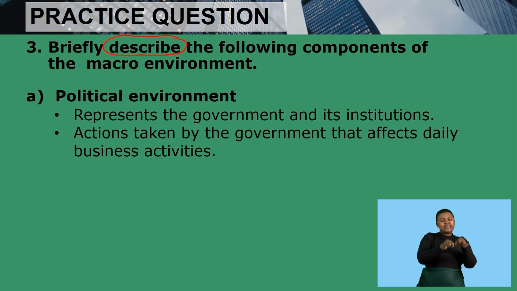So it can also be any institutions that make rules which can then impact your business. But when we look at this brief description, it says that the political environment represents the government and its institutions and all the actions or the decisions taken by the government, which then affects your daily business activities. You could also then include your discussion of institutional environments in this answer.